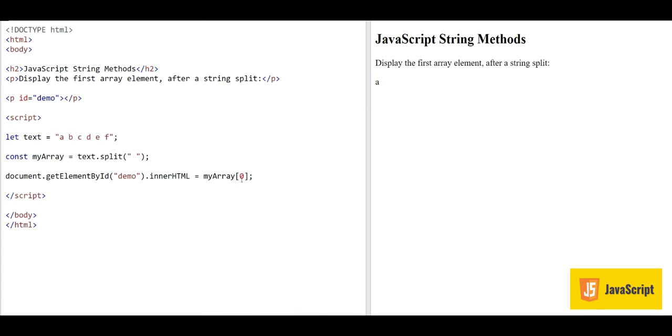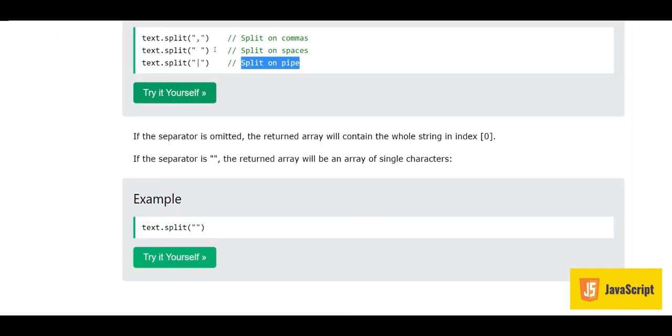See here, and 1 B. Okay, it's working, and 3 D. Okay, so 0 1 2 3 D. So as you can see, we have tried this split method with two things: split on spaces, split on commas, and it works. Similarly, you can try with the pipe and it will work.